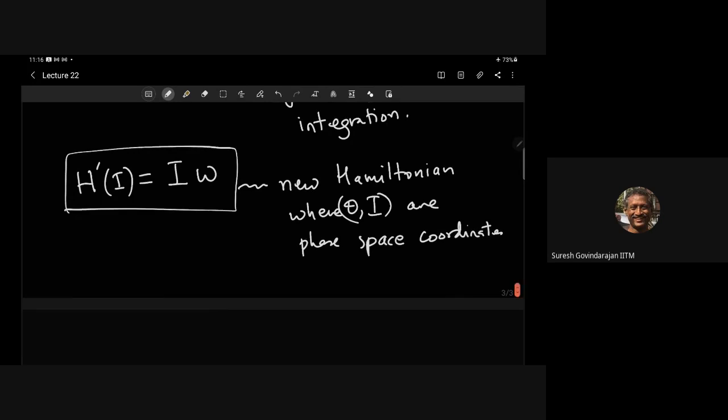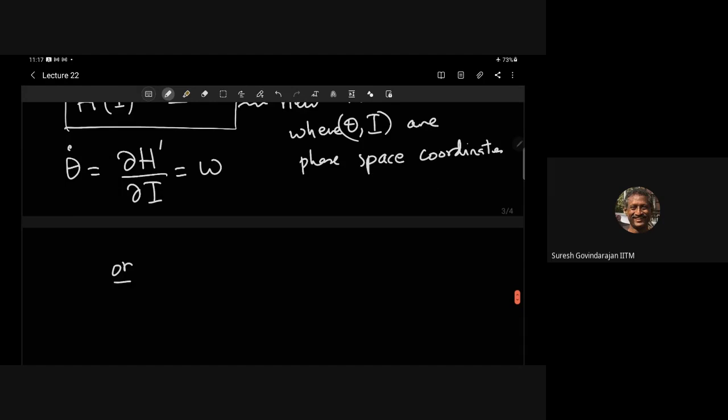And you can see very easily that theta dot is dH prime by dI. We haven't said what theta is, we'll tell you in a moment, but that just tells you that it's equal to omega, so theta equals omega t plus some initial value theta 1. And I is just a constant.